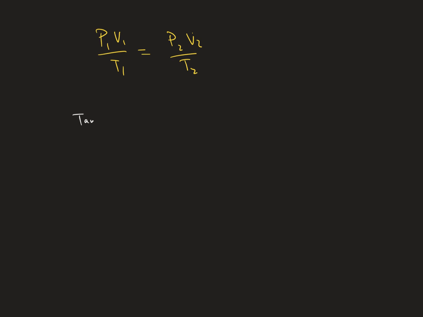Okay, a tank has a volume of 7.5 liters. That's how big the tank is. And it has a pressure of, let's say, 1,120 millimeters of mercury.